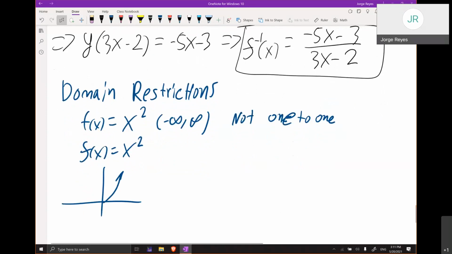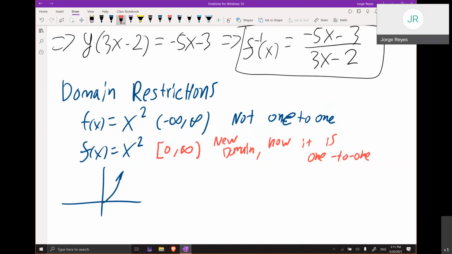So the question is, what if I restrict its domain to this new one? This is why it's called a domain restriction, because I'm literally slicing off some of the domain. Now it is 1-to-1, though, because now it will pass the horizontal line test, because the left half is gone.